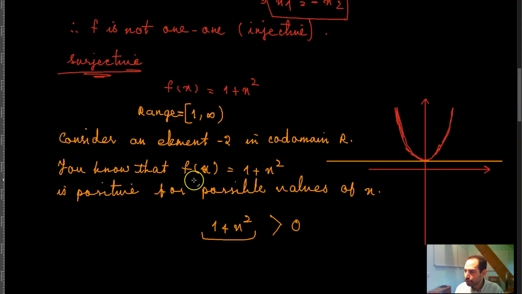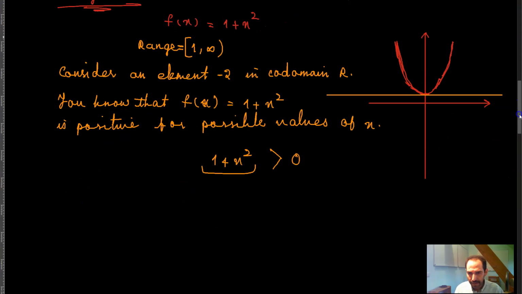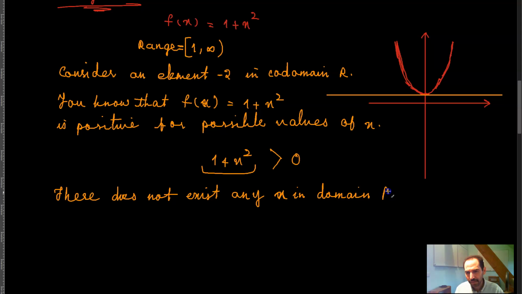And so negative 2, you can say that there does not exist any x in domain R such that f of x equals 1 plus x squared equals negative 2.